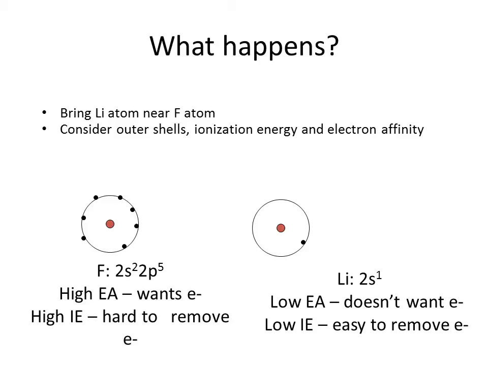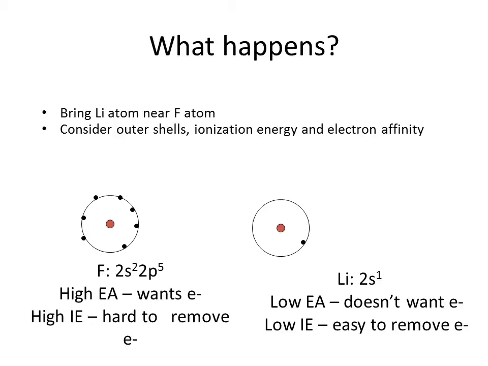If I look at fluorine, it has an extra place for an electron, and if it adds one electron, it becomes s2p6. Lithium has an outer shell of 2s1. If it loses that one electron, underneath it has a 1s2 helium structure.